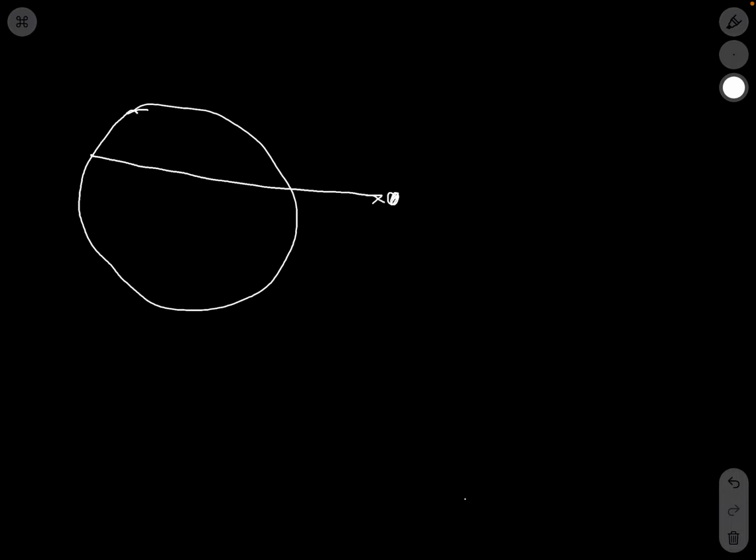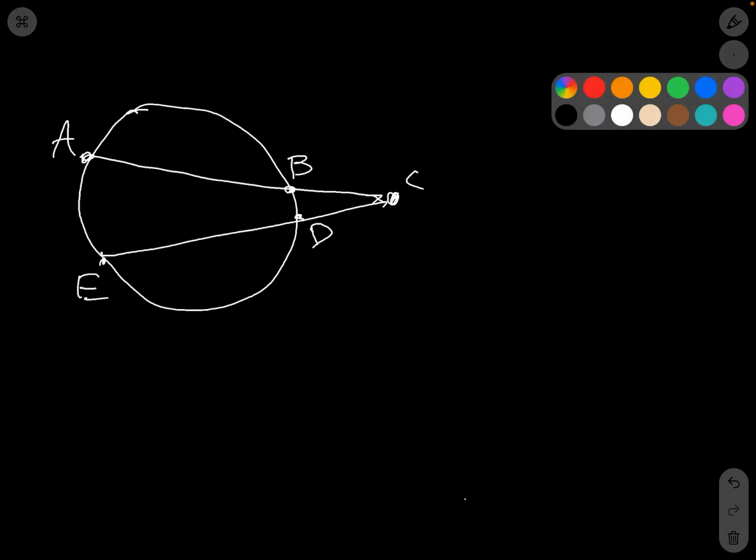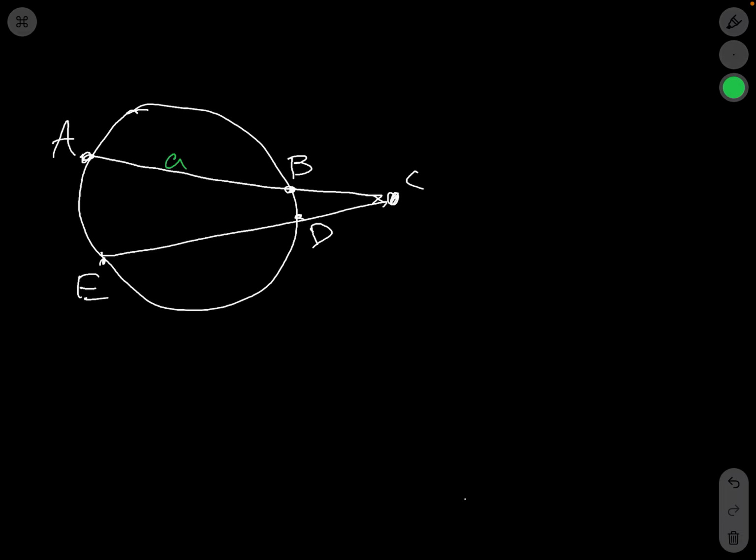So I'll just redraw this real quick. Okay, so circle, external point outside the circle, two secants. And I'll call this A, B, C, D, E. And I'll call this E1, S1, E2, S2, like earlier.